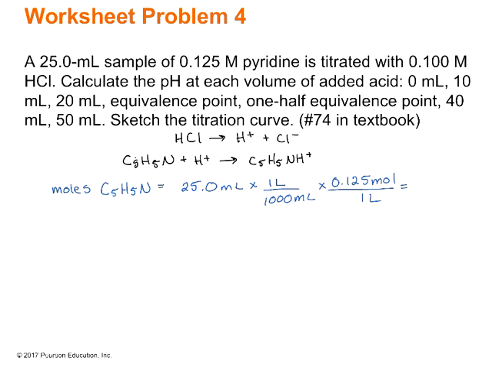Okay, so this should give us 0.0031. Actually, we need 3 sig figs, so let's do 0.00313 moles of pyridine. And then for moles of acid, we are adding 10 milliliters.